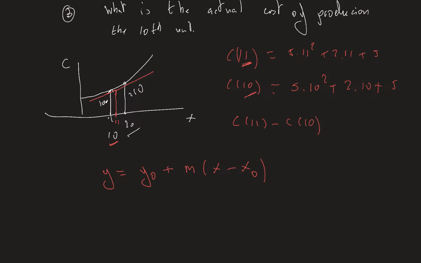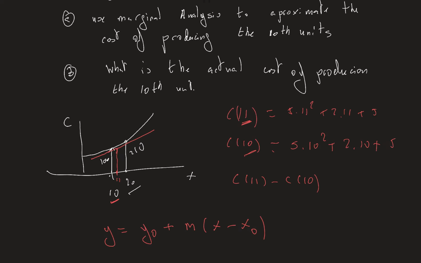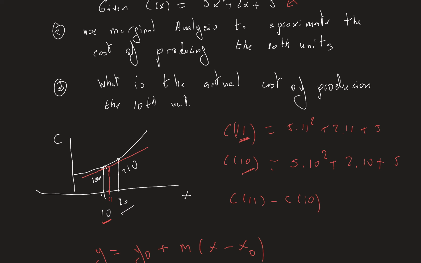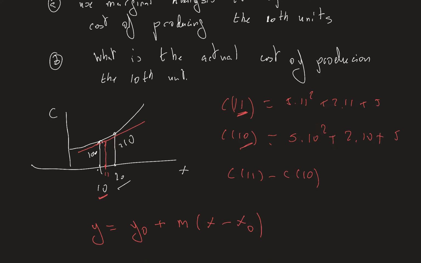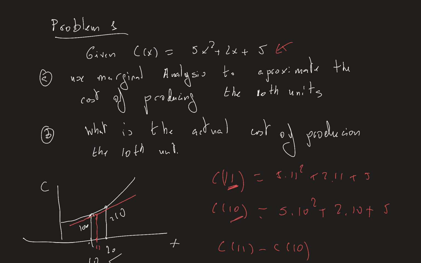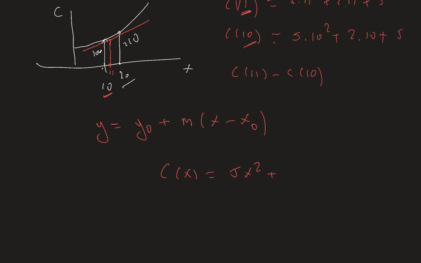So let's calculate the marginal cost to produce the 10 units. C of x is 5x squared plus 2x plus 5.